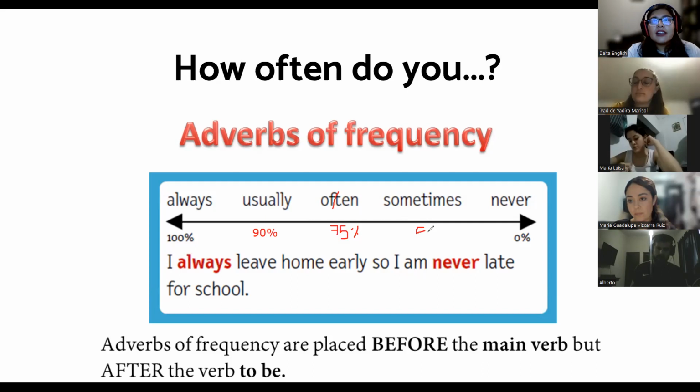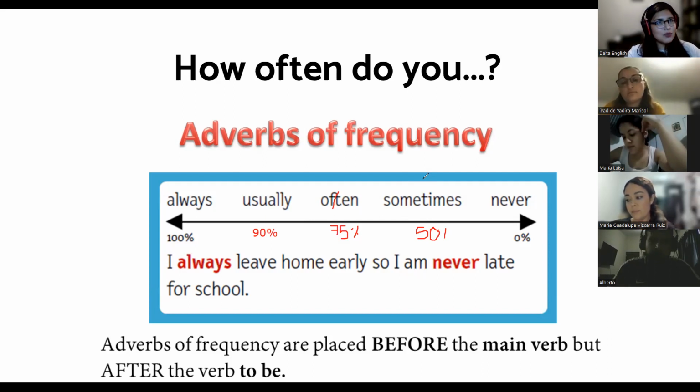After often, let's say we are at a 50%. And when I do something 50% of the time, sometimes I do it, sometimes I don't do it. I'm going to use this word right here, which is sometimes. Algunas veces. A veces. So for instance, sometimes I exercise in the morning.